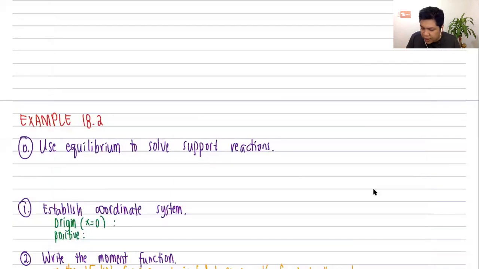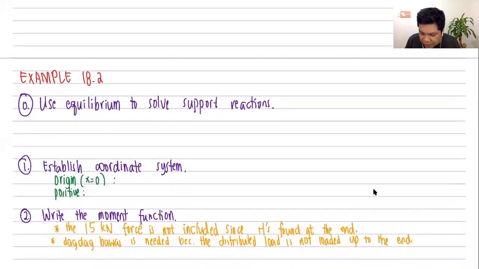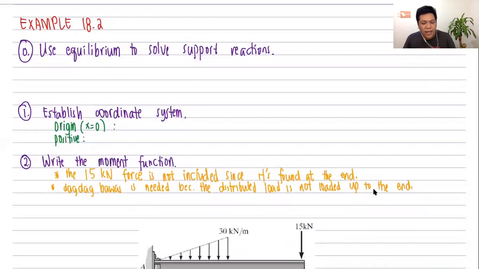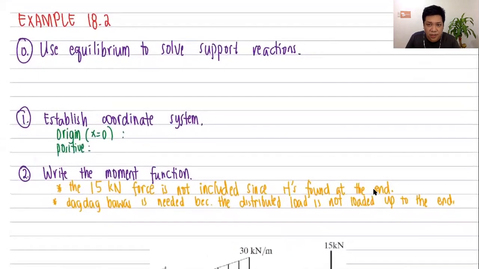If we analyze this example, don't worry, because the initial steps are still the same. First, I need to use equilibrium in order to solve for the support reactions.